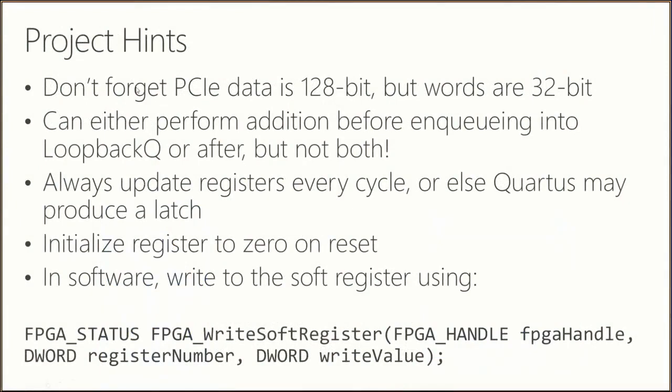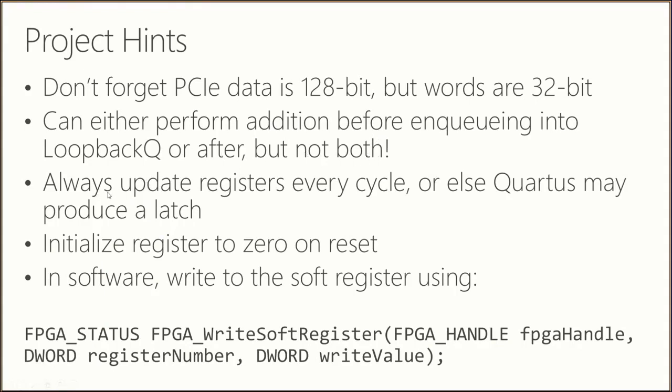Here are some project hints. First, don't forget the PCIe data is 128-bit, but words are 32-bit. So you need to add the data every 32 bits. You can either perform addition before enqueuing into the loopback queue or after, but don't do both.